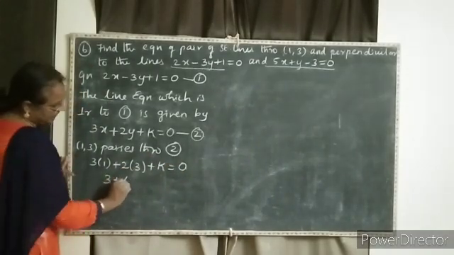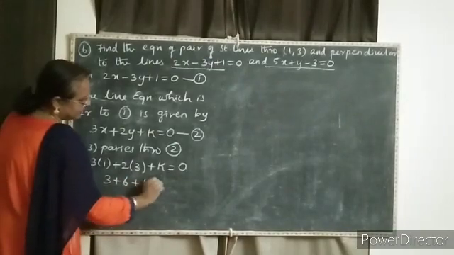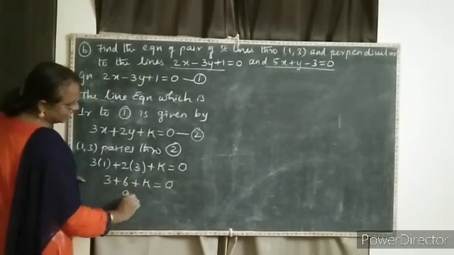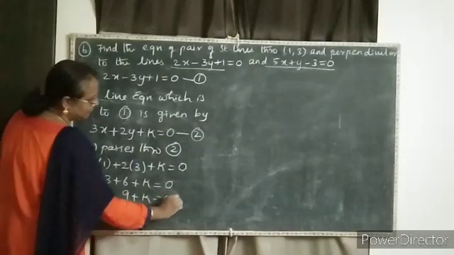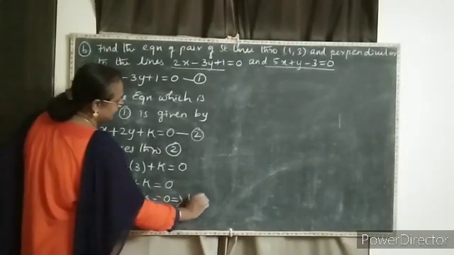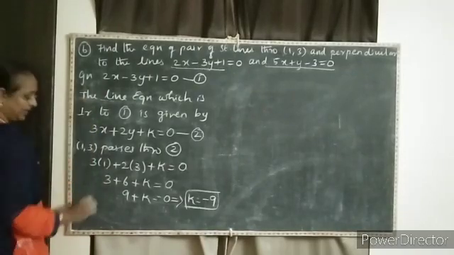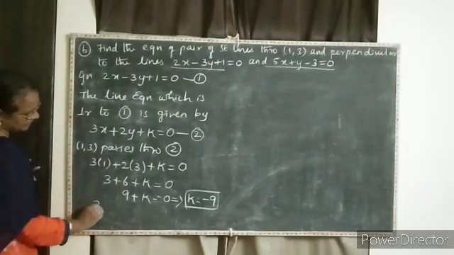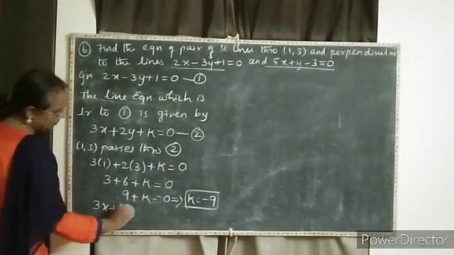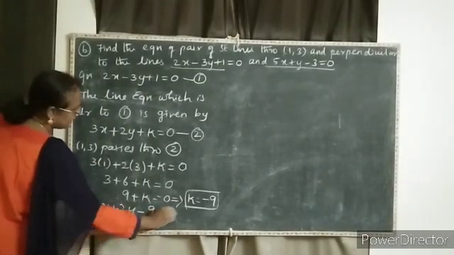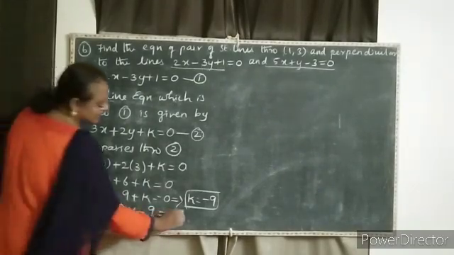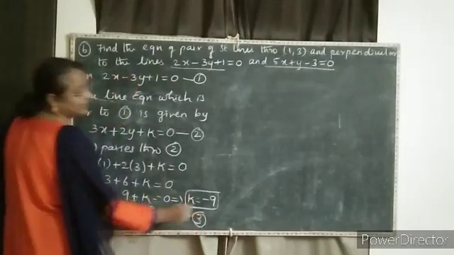So 3 plus 6 plus k is equal to 0. So 9 plus k is equal to 0. This implies k is equal to minus 9. Isn't it? So one set of equation is given by 3x plus 2y minus 9 is equal to 0. So let us take this as the third equation.